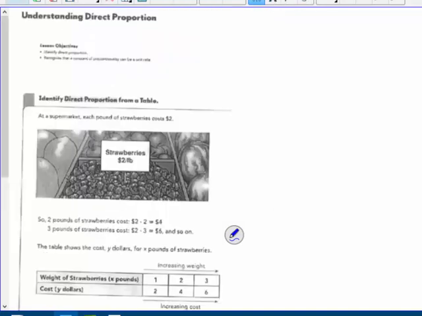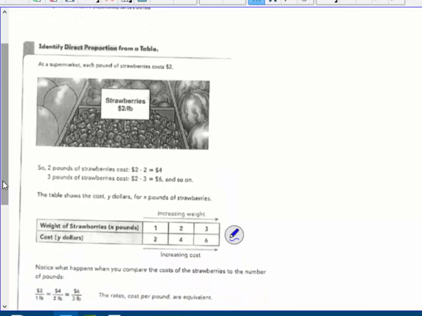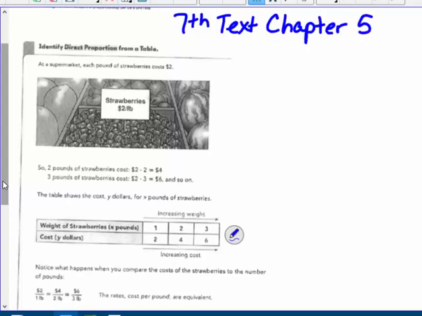On to page 2, understanding direct proportion. So identifying a direct proportion from a table. This is in the 7th grade text, chapter 5. So we're in the green textbook online, talking about rates and the constant of proportionality, direct proportion.